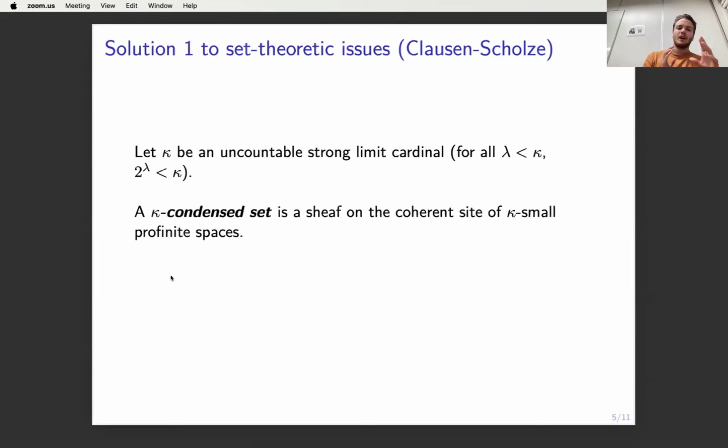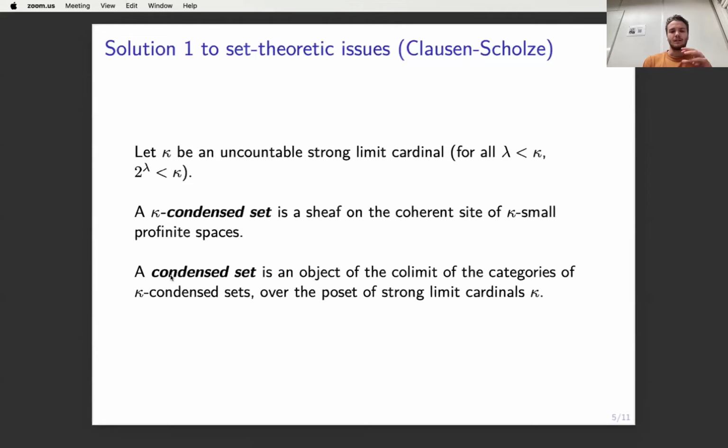Then you restrict your sheaves to kappa small profinite spaces, and then you take the co-limit over the poset of these cardinals of these categories of kappa condensed sets. So a condensed set is an object of a co-limit of categories.